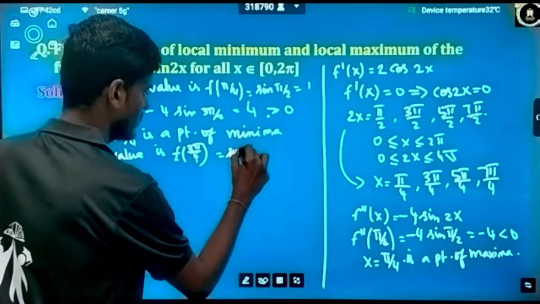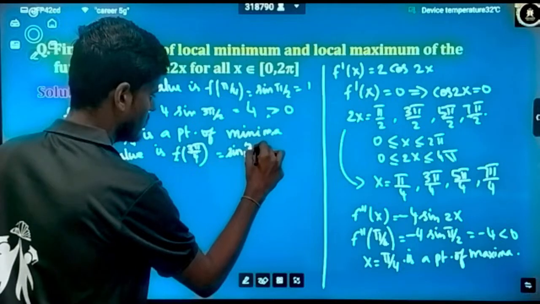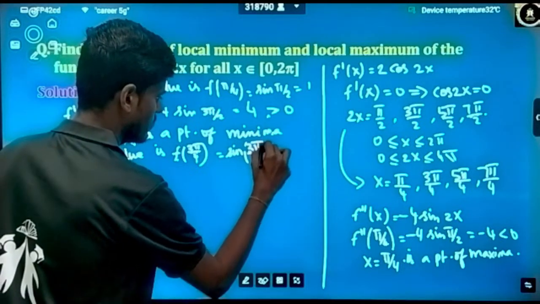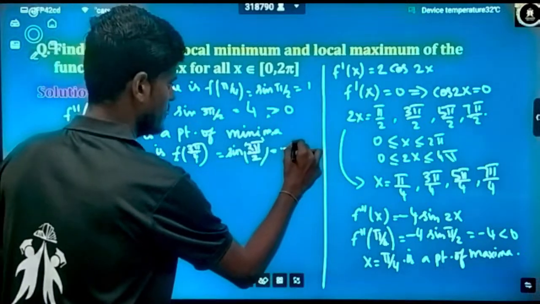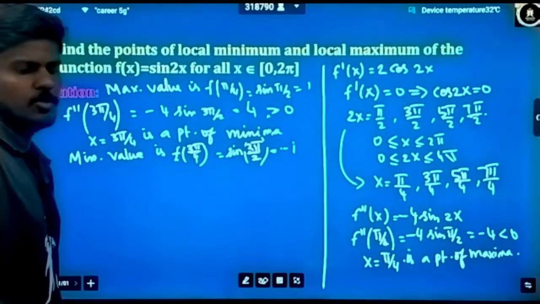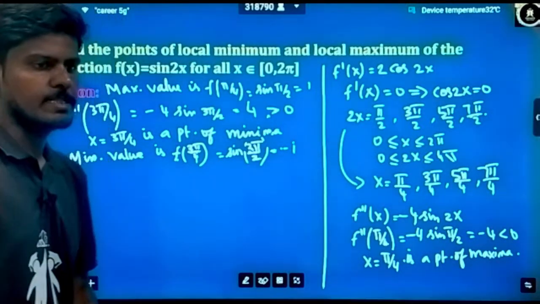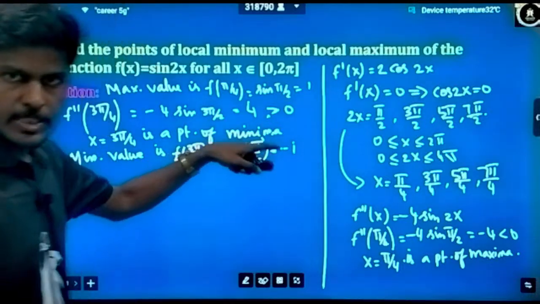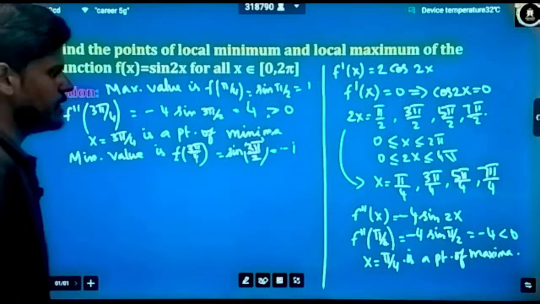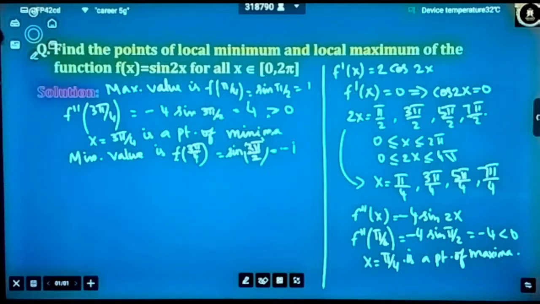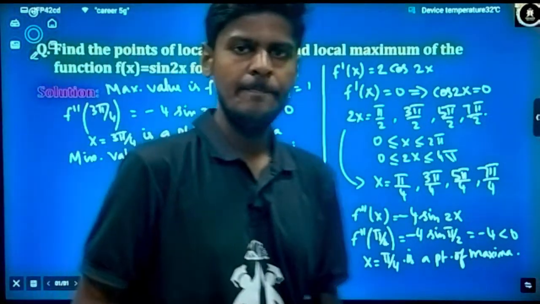Sine of 3 pi by 2, that is equal to minus 1. So minus 1 is the answer for the minimum value, and it attains it at x equal to 3 pi by 4. Similarly, we have to solve for the other two cases.